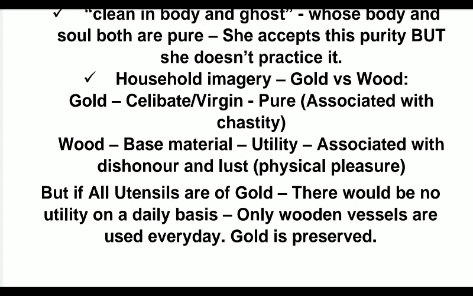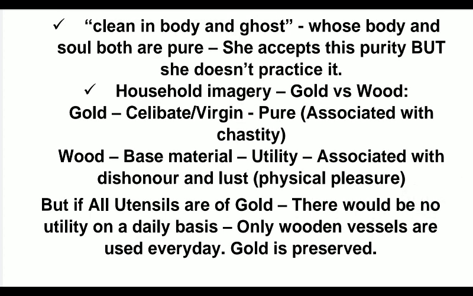Gold actually refers to this state of celibacy, the state of virginity, a kind of purity or chastity. This gold is always associated with chastity, while wood is considered a base material, which is really about utility, and wood is associated more with dishonor and physical pleasure like lust.